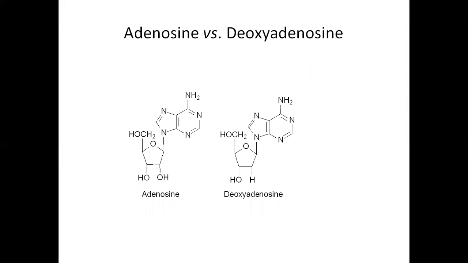It is important to note that either ribose or deoxyribose can be attached to the base through an N-glycosidic linkage, and that adenine becomes adenosine when the sugar is attached to it.